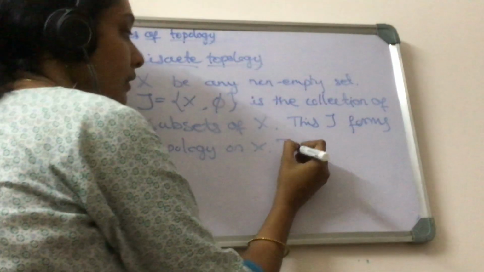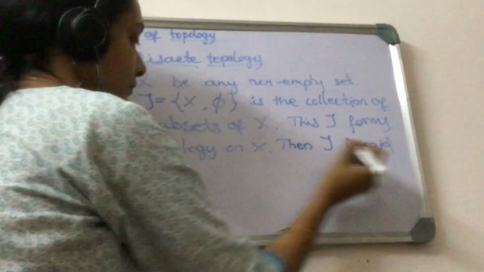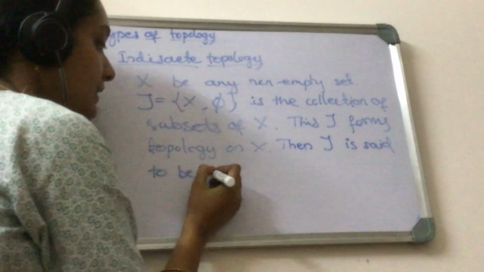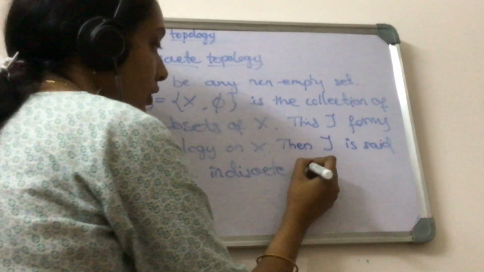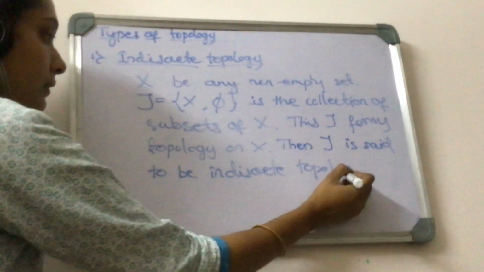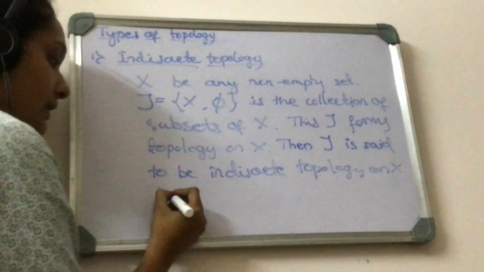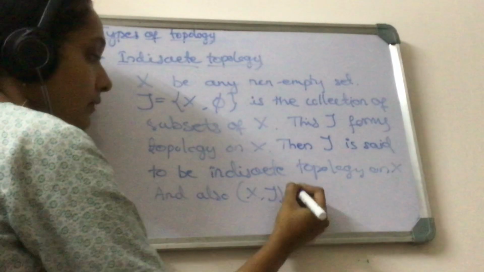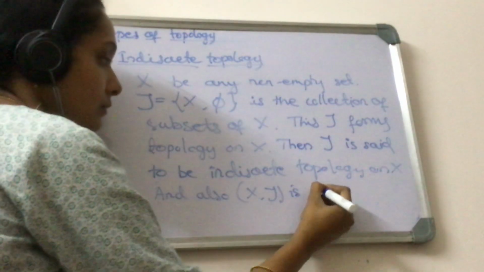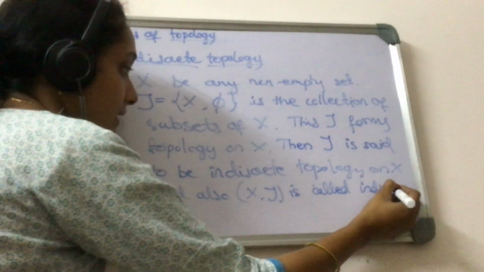Then tau is said to be indiscrete topology on X, and also (X, tau) is called indiscrete topological space.